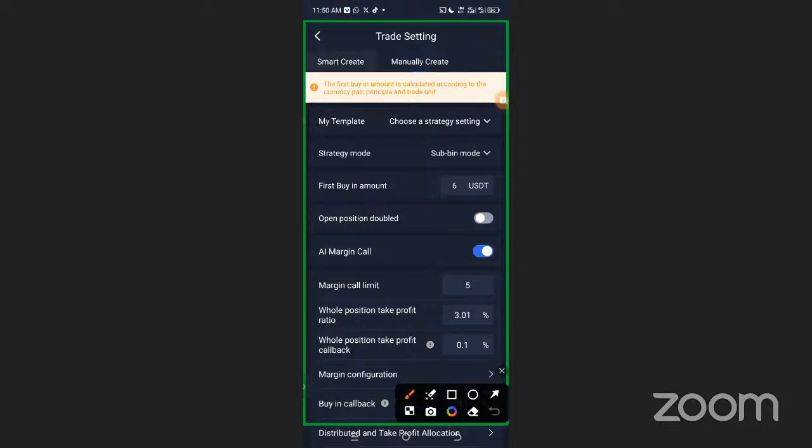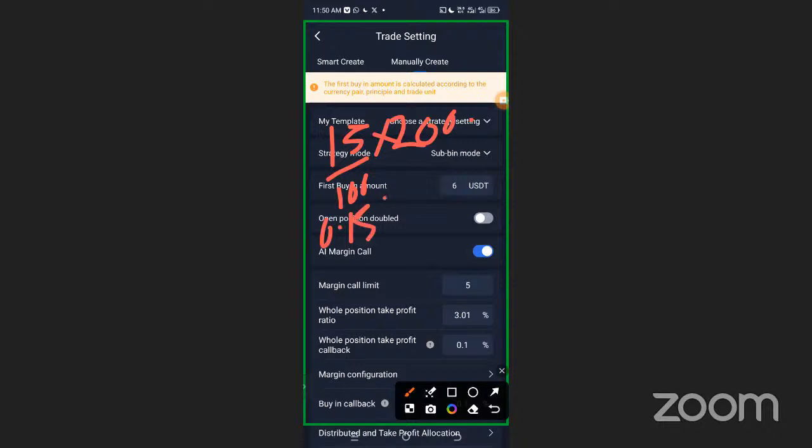I told you it is 15% times 200, which is 0.15 times 200. It is giving us $30. $30 becomes our FFBA. It is the initial first buying amount we are commanding our robot to go with in the market.